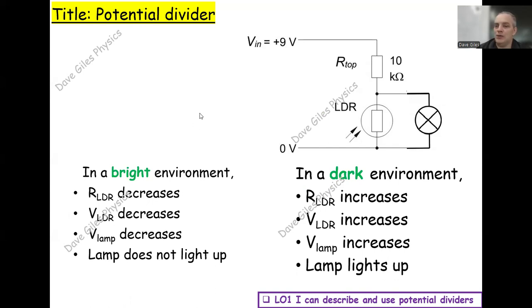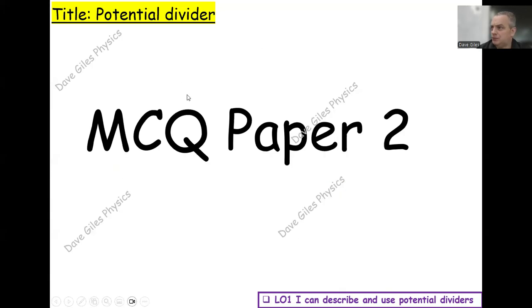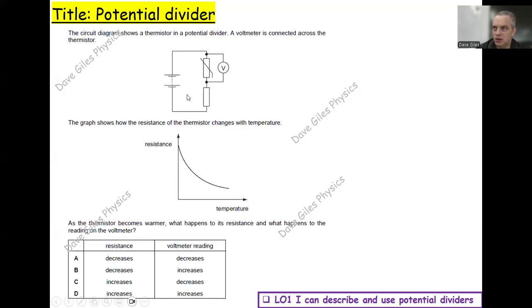Okay, now we'll have a look at some MCQ questions where potential dividers are used. The circuit diagram shows a thermistor and a potential divider. A voltmeter is connected across the thermistor. The graph shows how resistance of the thermistor changes with temperature.